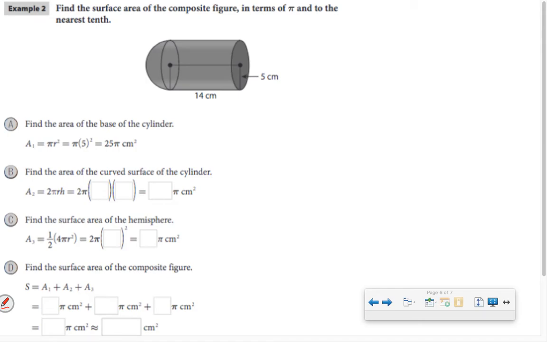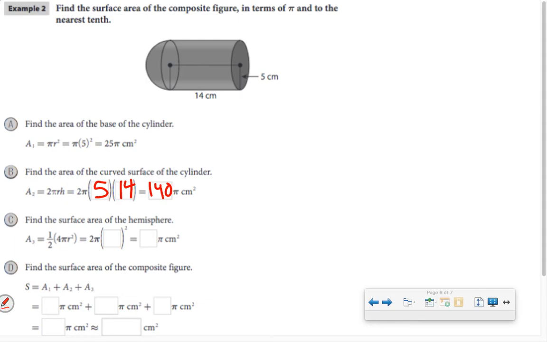Next, I'm going to find the lateral area of the cylinder, so that's 2 pi r h. When I type that into my calculator, that's 14 times 5 times 2, which is 140 pi. The surface area of the hemisphere will be 2 pi r squared.